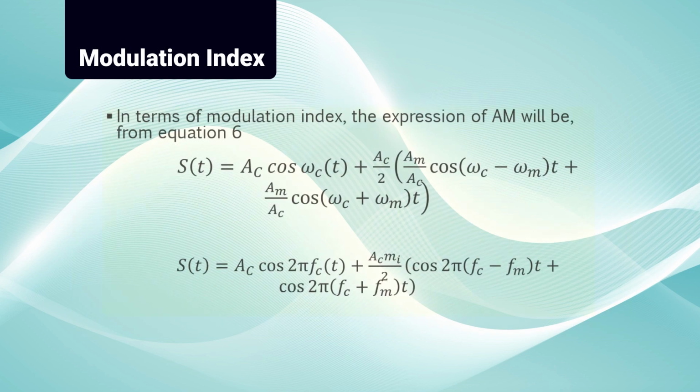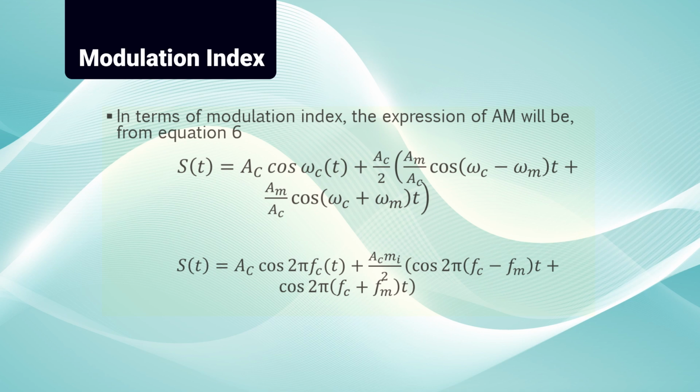In terms of modulation index, the expression of AM will be given by equation number 6. Equation 6 is S of t equals Ac cos omega c t plus Ac by 2, whole multiplied by Am upon Ac cos (omega c minus omega m) t plus Am upon Ac cos (omega c plus omega m) t.